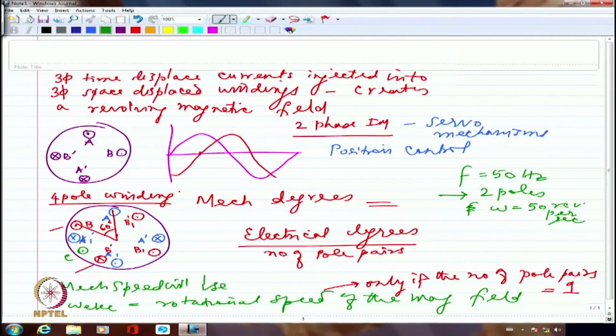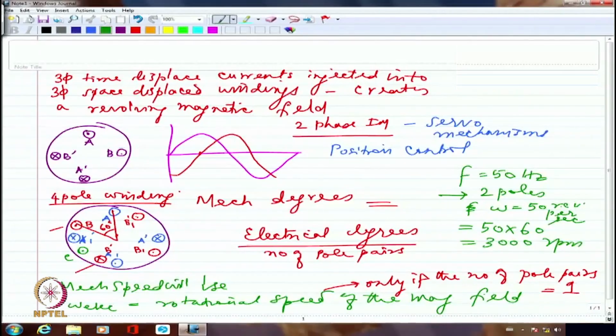Right? Because both of them are exactly the same. 50 oscillations correspond to 50 revolutions. So this is 50 revolutions per second, or I can say 50 multiplied by 60, which is 3000 RPM, revolutions per minute.